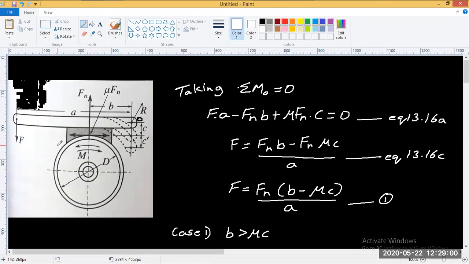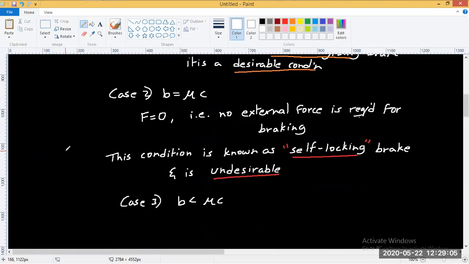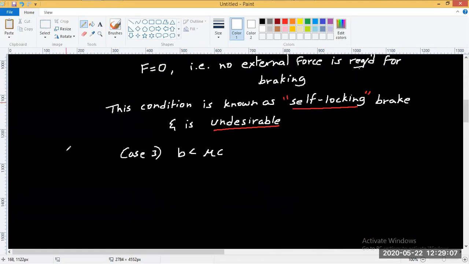So this condition is called uncontrolled braking, and this is dangerous. This condition is very dangerous. So F will be negative. You can say this is a dangerous condition.